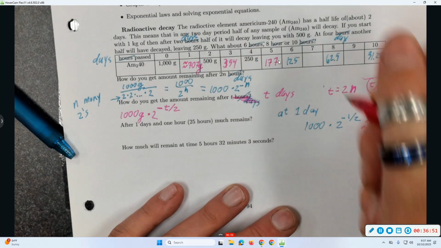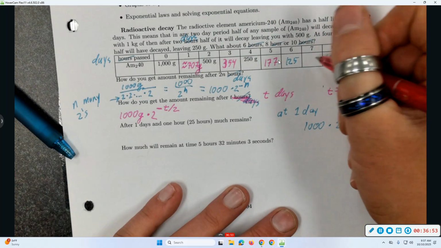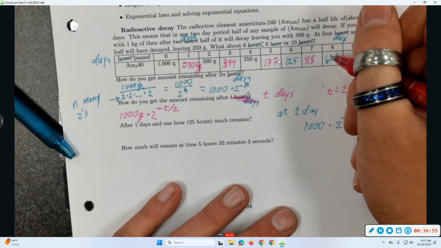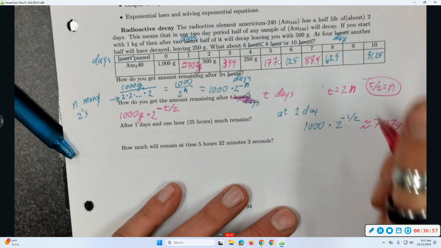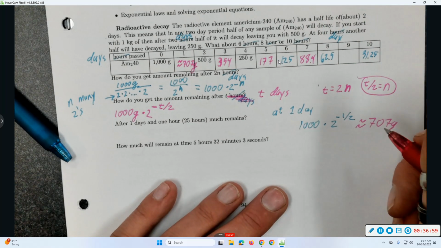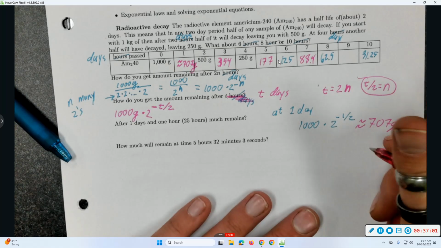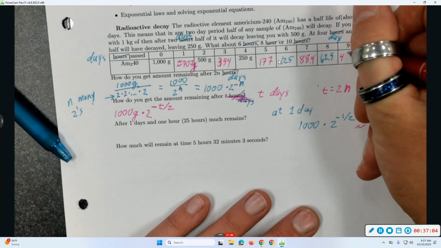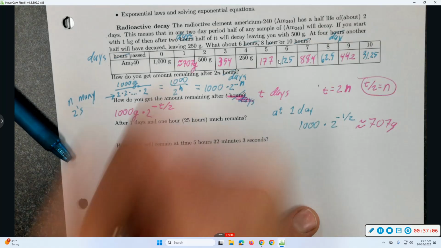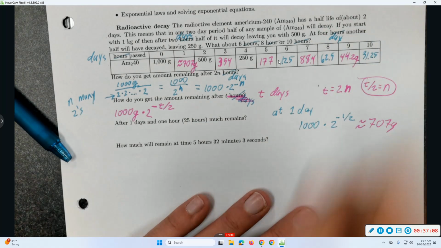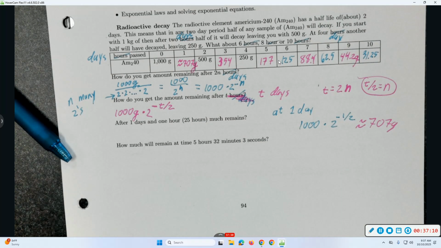About 177. T equals 7. 88.4. About 88.4 grams. Mass is in grams, not days. At t equals 9 days. 44.2. Cool. That feel pretty alright? Nice.